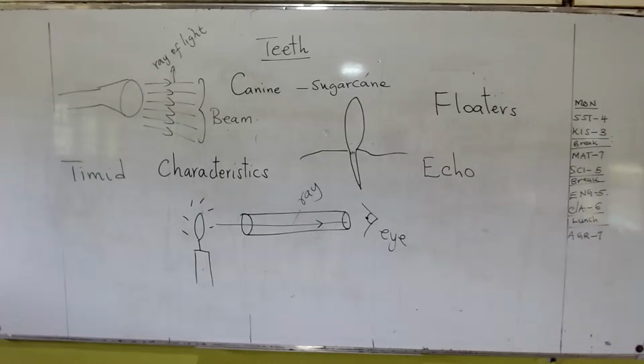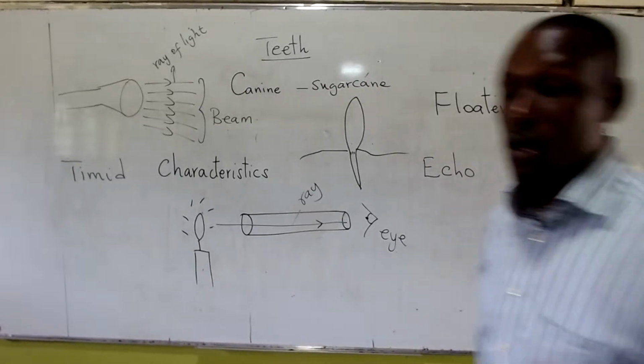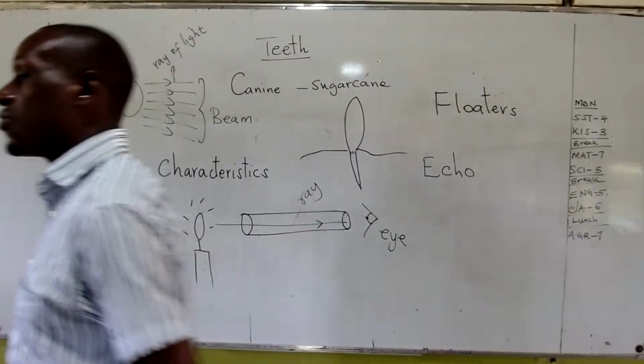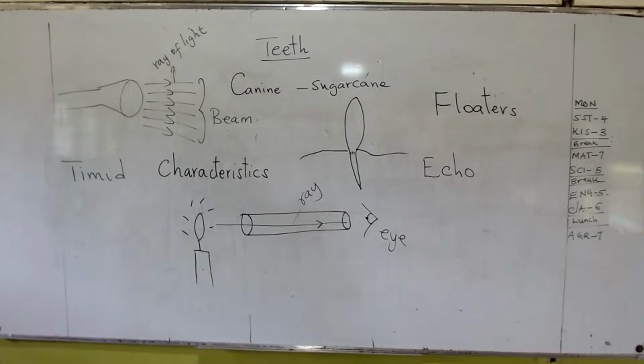They develop some holes, and they start bleeding. Those are some of the problems related to teeth when people eat sugary foods all the time. So you should avoid those kinds of foods. Read the next question.